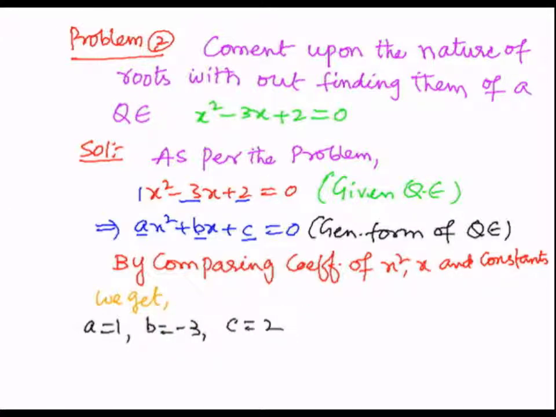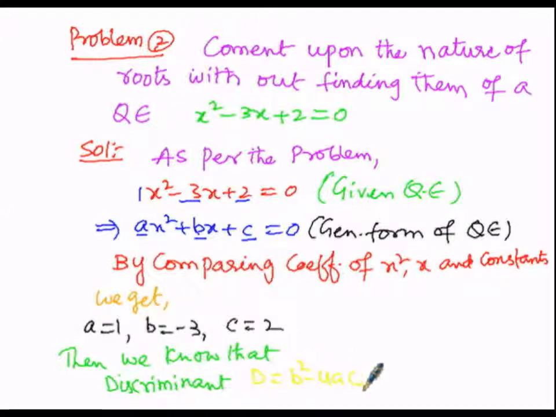Then we know that the discriminant is given by D, which equals b square minus 4ac.